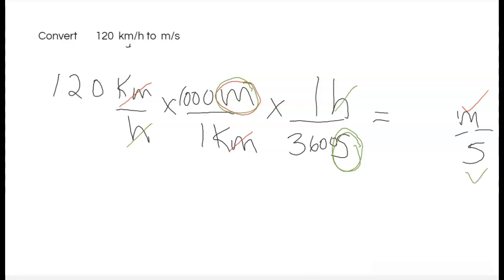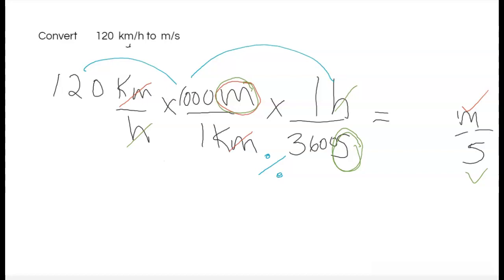Okay, so now finally what I need to do is just go ahead and multiply across. So 120 times 1,000 divided by 1, which, you know, dividing by 1 doesn't change anything. Again, now multiplying by 1, which is not going to change anything, but I'm going to need to divide out that 3,600 because it is in the denominator, right? Anything in the denominator is a division. So I'll go ahead and work through this calculation. 120 times 1,000 divided by 3,600.